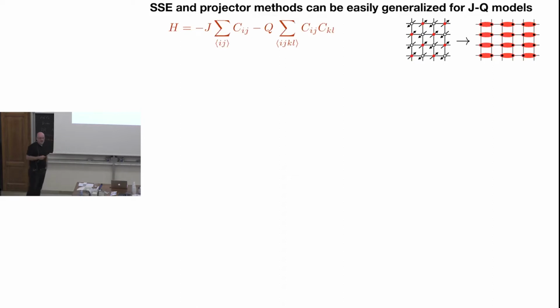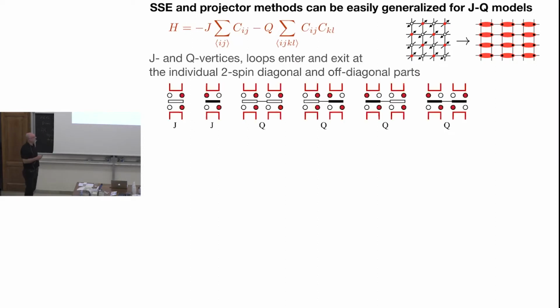I'm not completely consistent with the notation. Sometimes I call the projectors P and sometimes C, but this is the Heisenberg interaction, which is the singlet projector. And the Q term is a product of singlet projectors on the lattice.